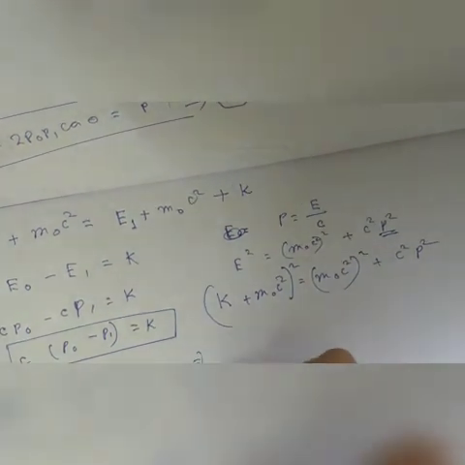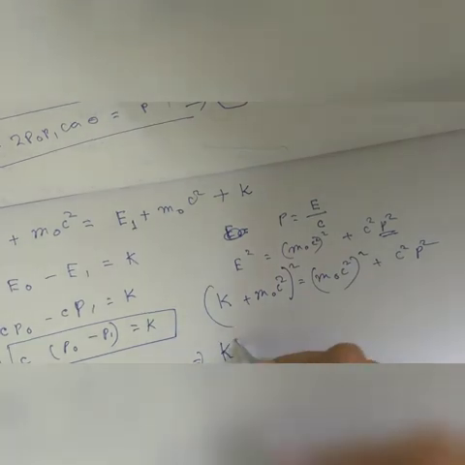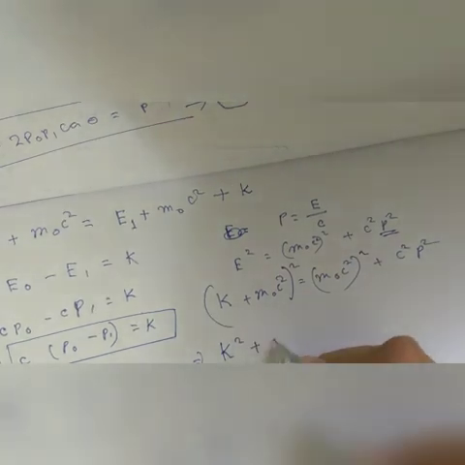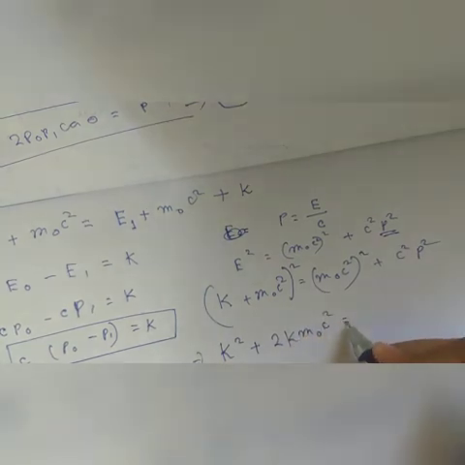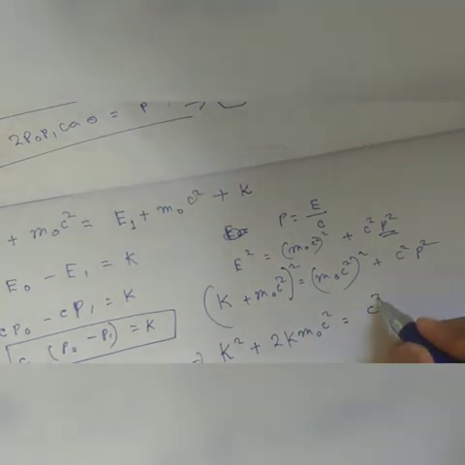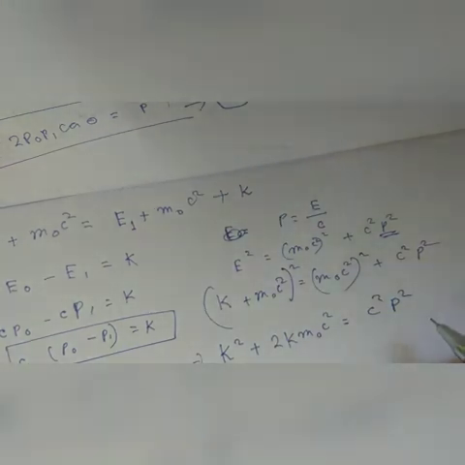This will equal K square plus 2 K m naught c square, and this term will be cancelled out, c square p square.